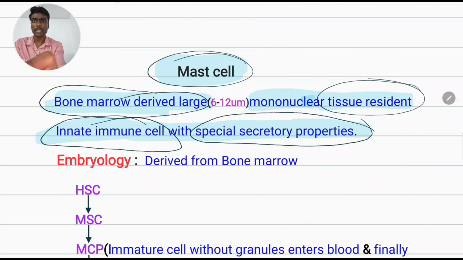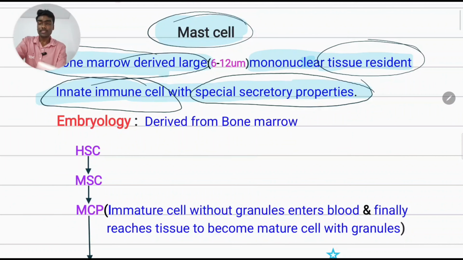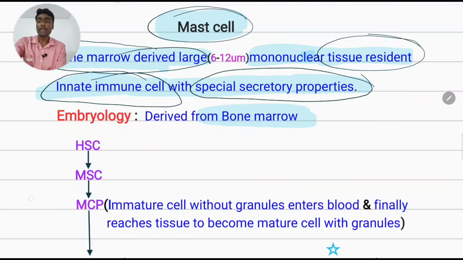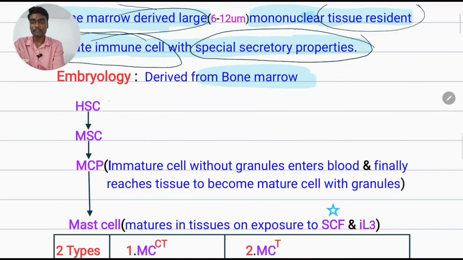Coming to its embryology, as the definition says, these mast cells are derived from bone marrow hematopoietic stem cells. These hematopoietic stem cells give rise to myeloid stem cells, which in turn give rise to mast cell precursors. These precursor cells are immature cells. What do we mean by immature mast cell?